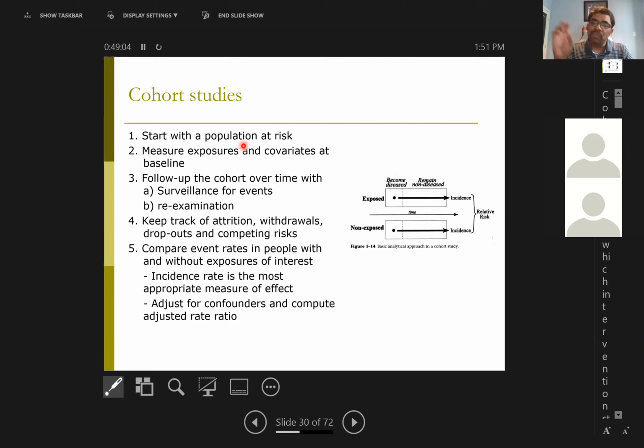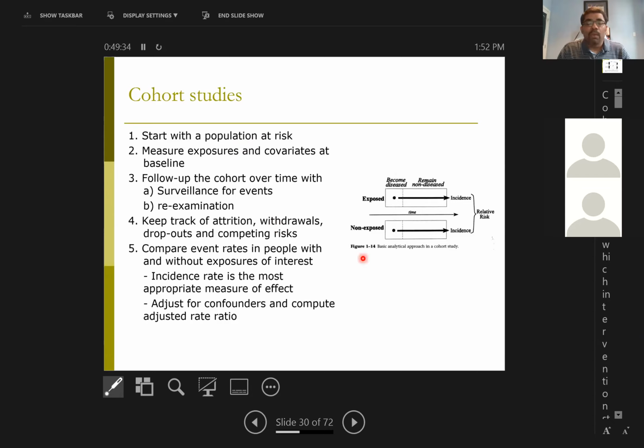We compare the two incidences, get an incidence rate ratio or incidence risk ratio, and then we figure out whether the exposure and the outcome are associated with one another. But we don't decide who smokes, who takes a medicine, who exercises, who's on hormone replacement therapy, who uses condoms. None of that applies. We just document the exposures and then we wait for the outcomes to happen. That's what a cohort study is.